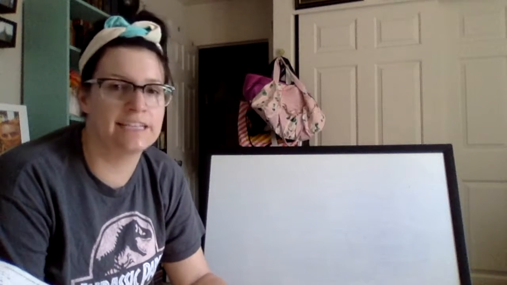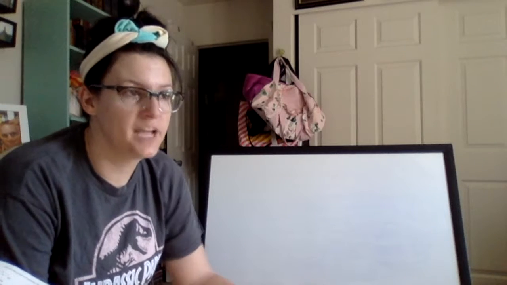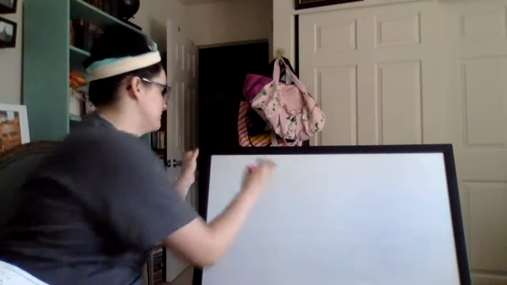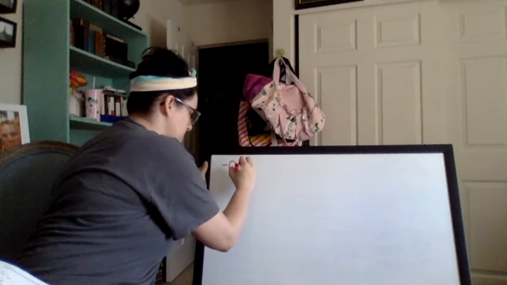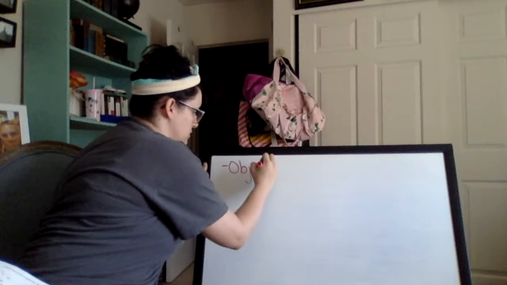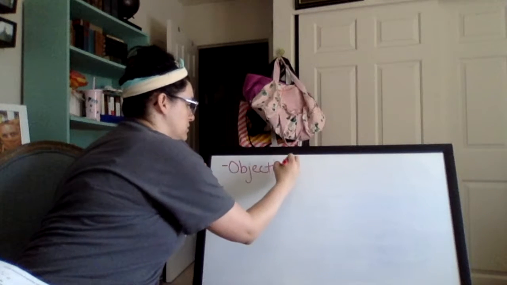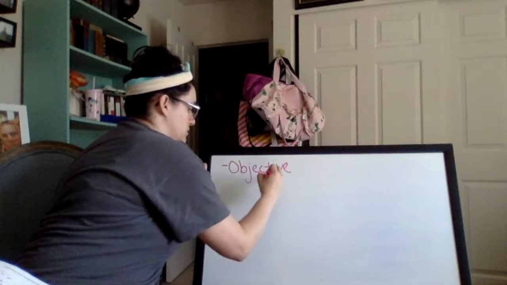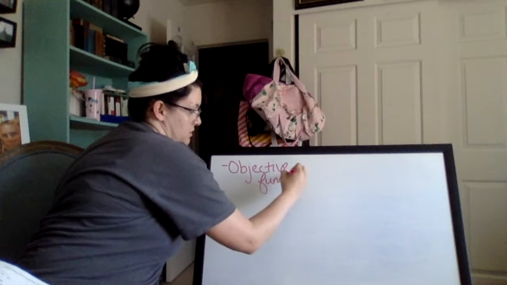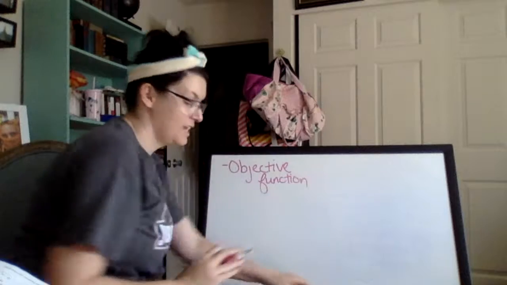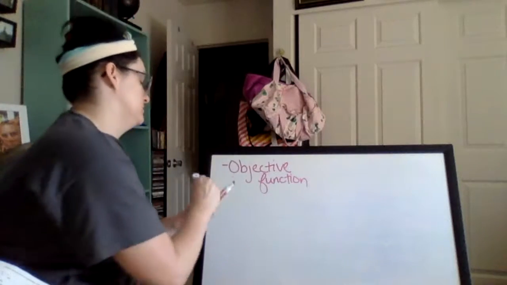Linear programming is made up of an objective function, and constraints.